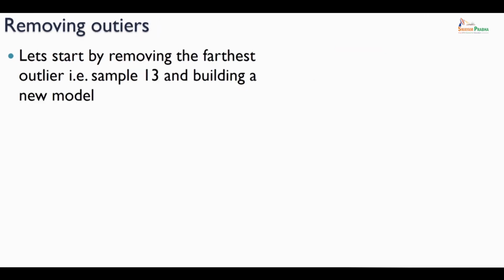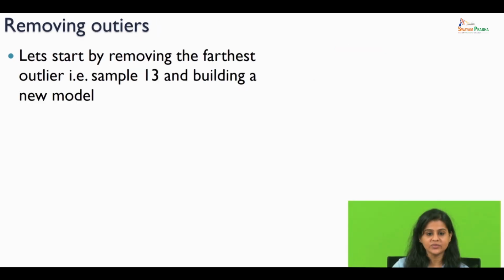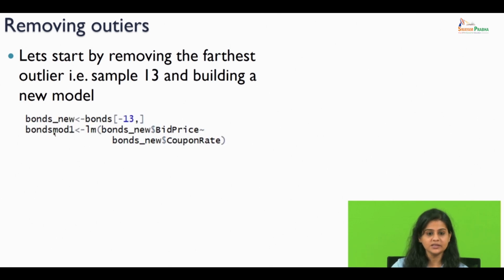Now I will start by removing one point at a time. The first point that I am going to remove is sample 13, that is the 13th point, because it is the farthest in the plot. So to start with, I am going to create a new data frame called bonds new, and it will have all rows of bonds except the 13th row. Then I am going to create another object called bonds mod 1, which is the linear model that is being built for the new data.